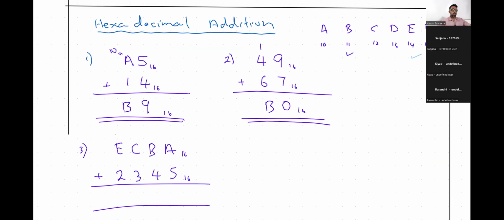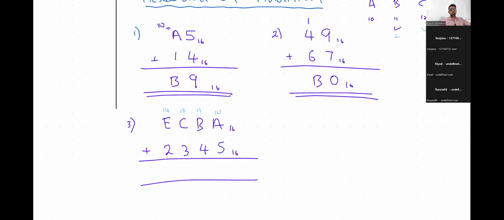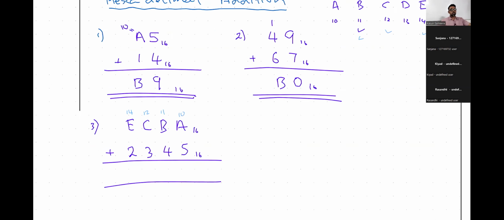C, 12. B, 11. A, 10. Right. Do the addition. And remember, the base number is 16. You have to take 16 into the next position as 1. 10 plus 5 is 15. Can you represent 15? Yes. As what? Sorry, F. 15 is the last symbol, F.